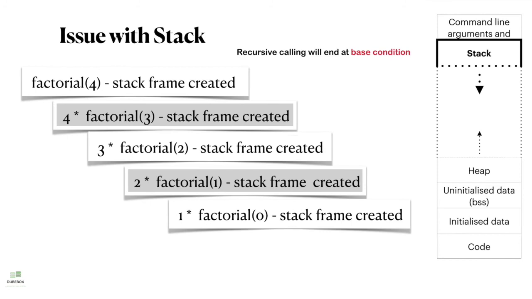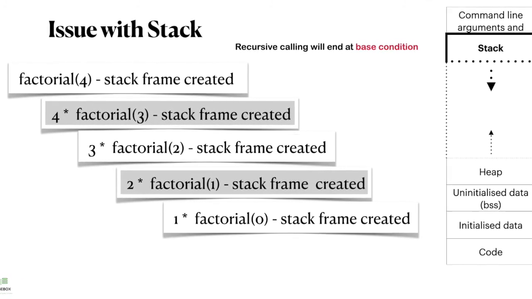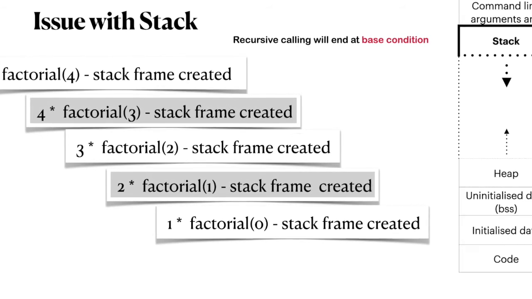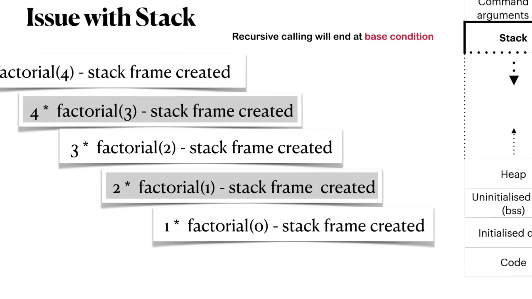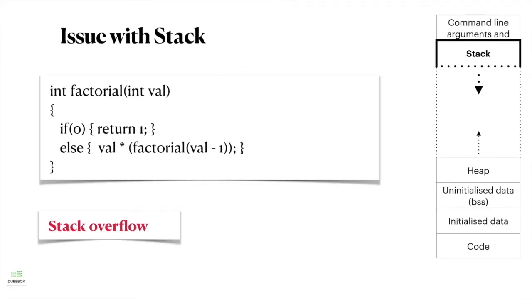Here stack frames are created one after another recursively, and it ends at the base condition. The issue arises when the programmer puts the base condition wrongly or forgets to put a base condition. This will make the recursive call go infinite, and this will create a situation of stack overflow.